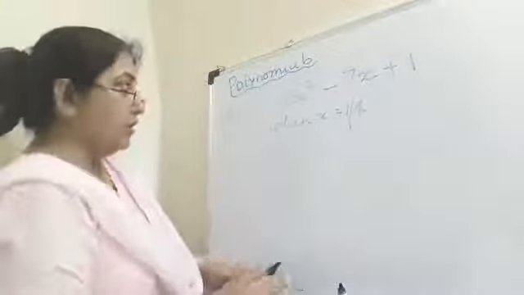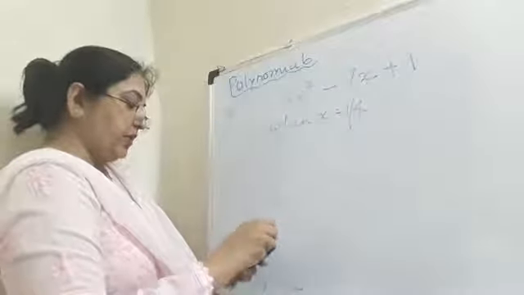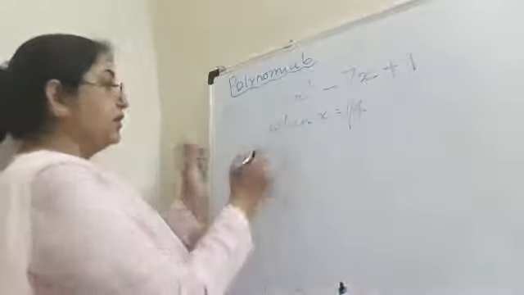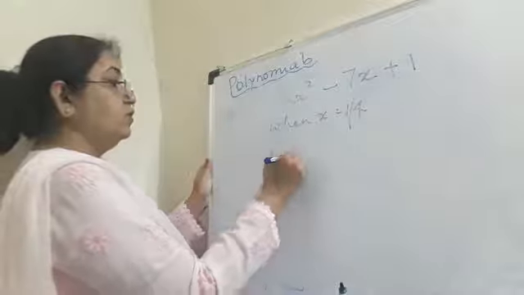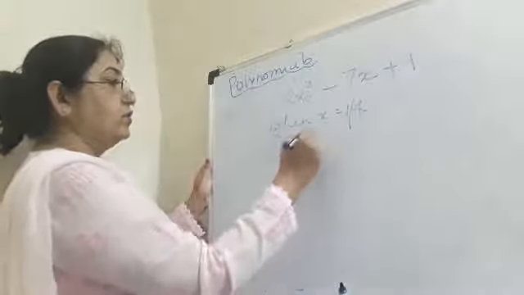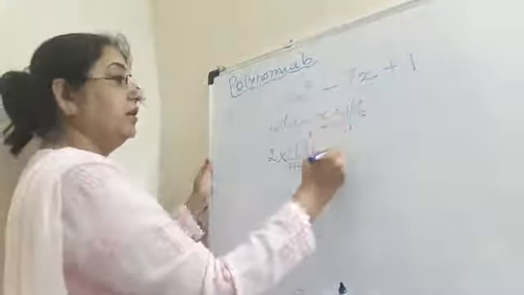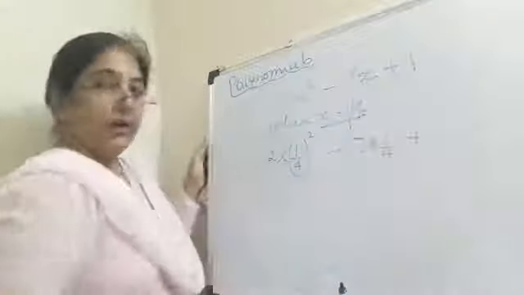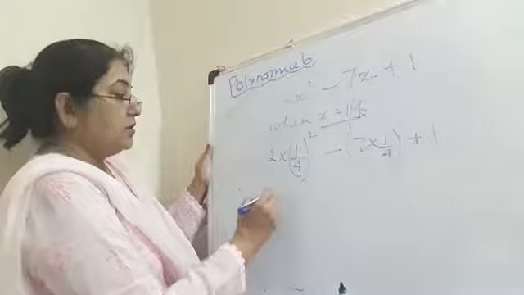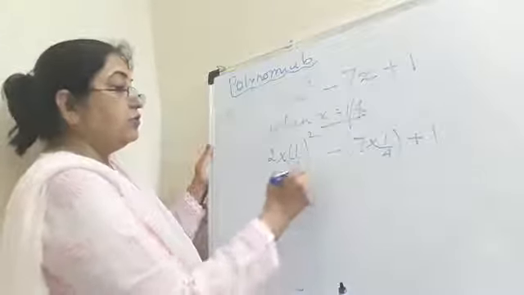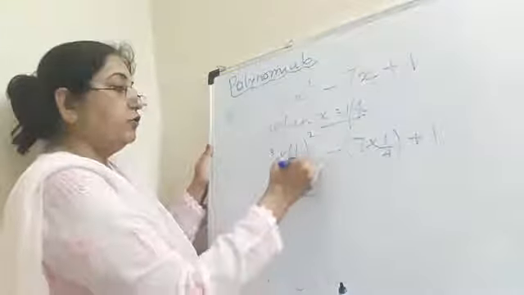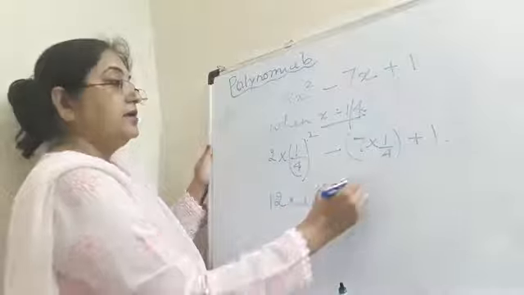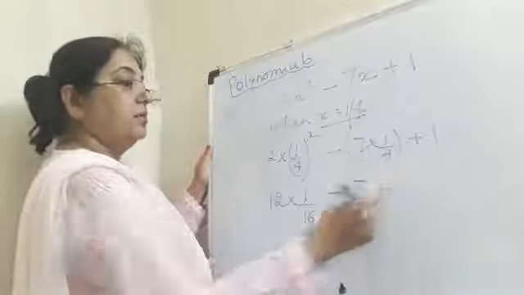So let's solve this. 12x square. If it is 12x square, we'll write 12 into 1 by 4 the whole square, because x is equal to 1 by 4, minus 7 into 1 by 4 plus 1. Okay, so now what? 12 into, what is 4 square? 1 square is 1, 4 square is 16, minus 7 upon 4 plus 1.